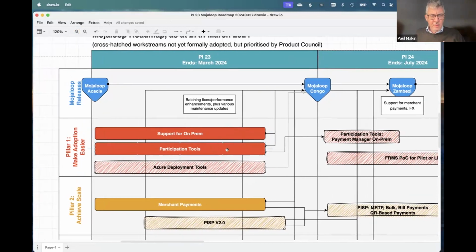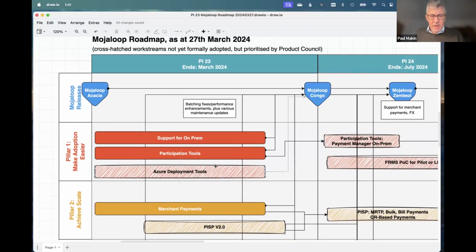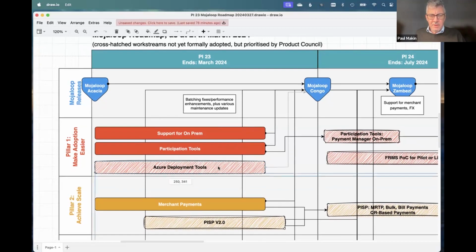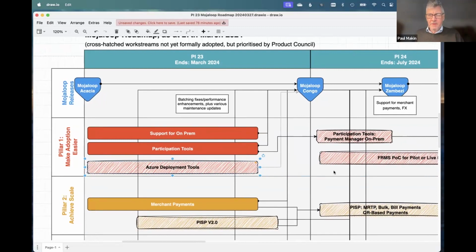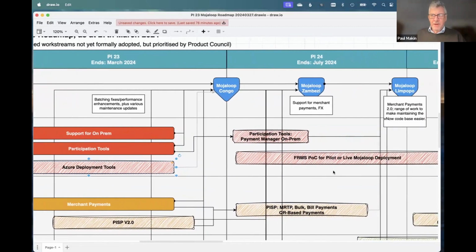Participation tools, we haven't done a great deal of work on that in the last PI, but I think this is something that's going to continue, as we'll see in a moment. We also know that there's been a lot of work in deployment in Azure, but we haven't really discussed that in any detail, and we need to explore that further in the next PI. We'll report back on that.